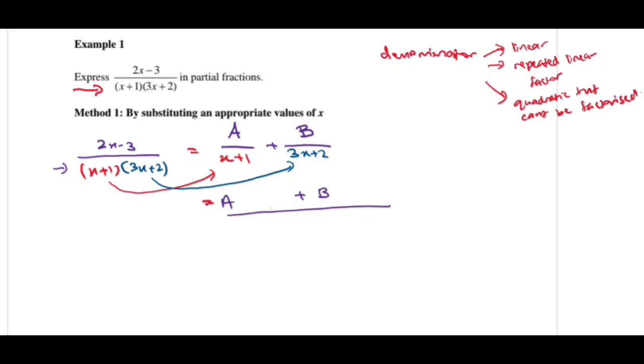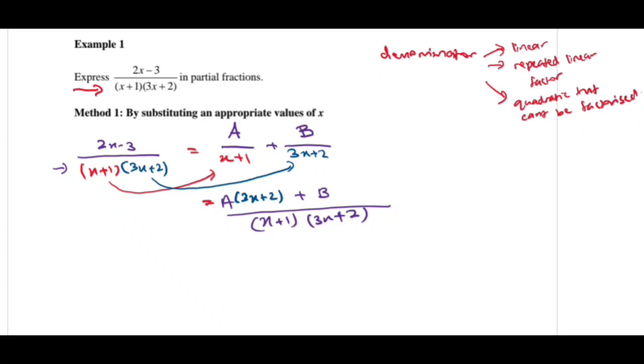So if we want to combine the fractions, we have to multiply each numerator with the denominator of the other fraction. For example here, A is over x plus 1, so the other denominator is 3x plus 2. So just multiply with 3x plus 2 here.